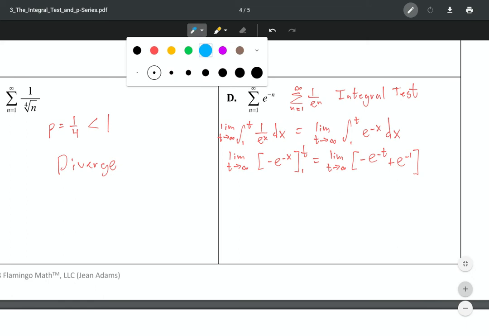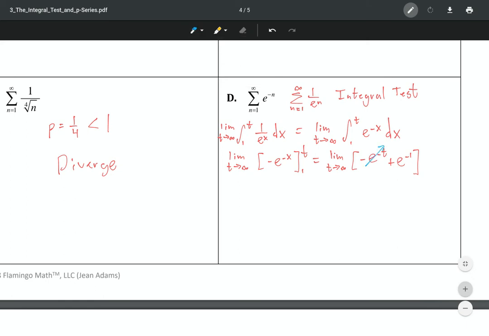Now notice that right here, when I take this, that's going to go to 0 because you have a negative exponent. So my answer on this would be 1 over e.